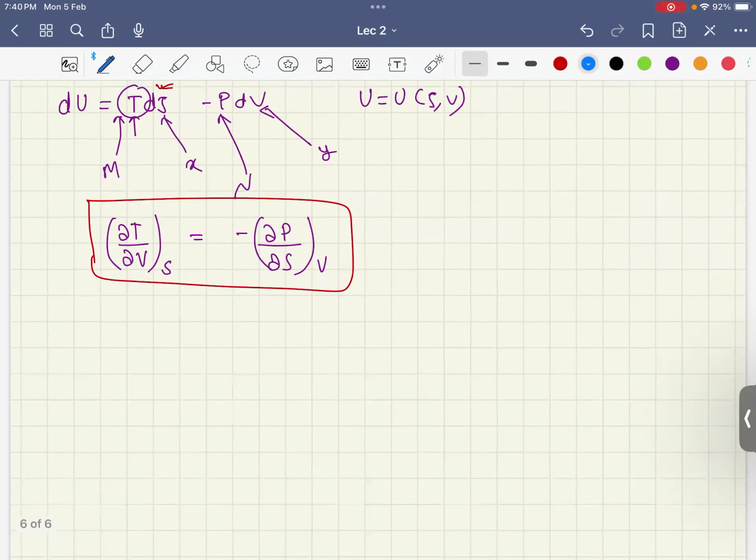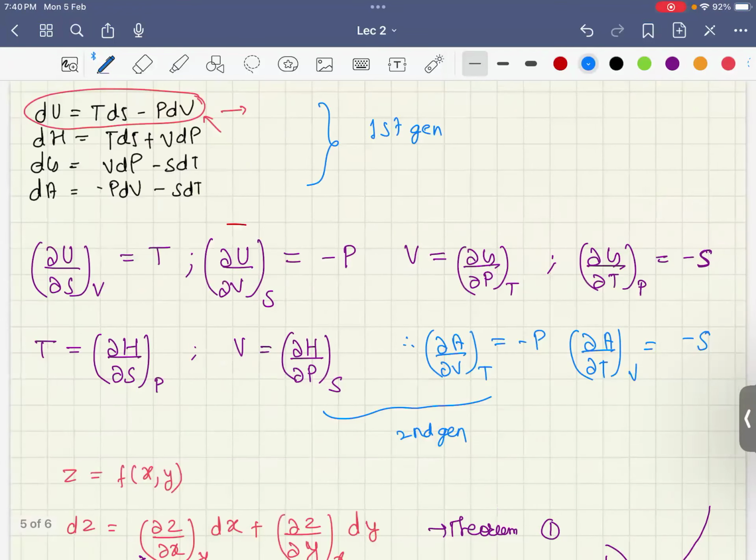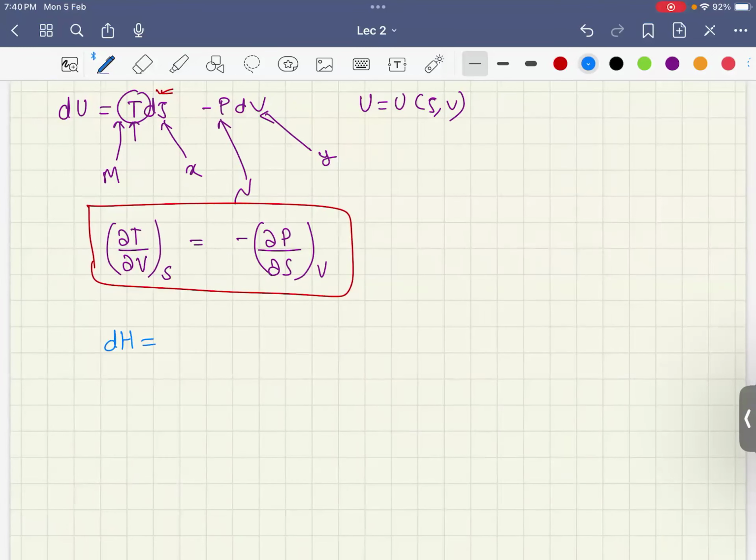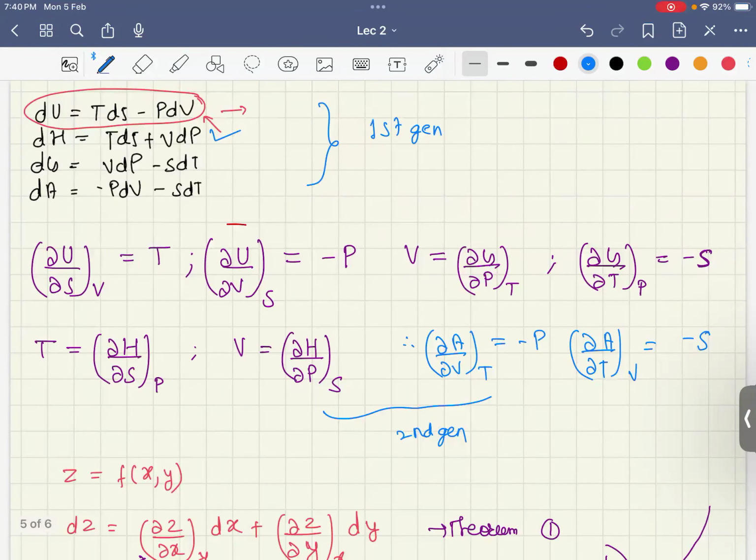This is one of the expressions. Again, let us assume that now I go with this H. dH is TdS plus VdP.